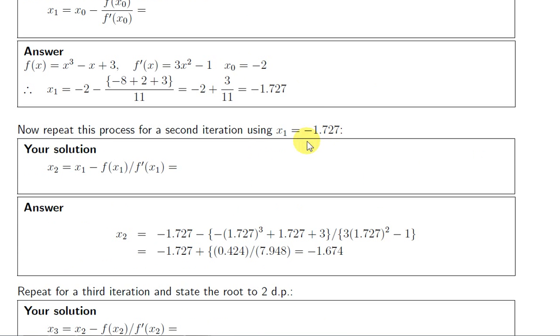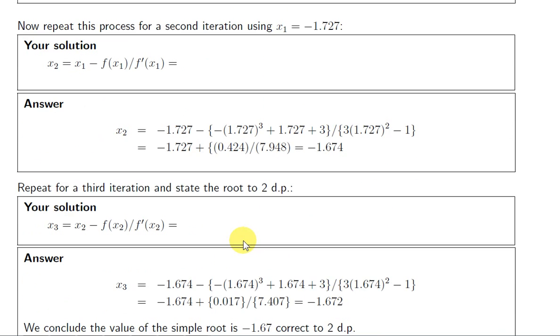Let's take a second iteration. Here's the Newton-Raphson formula when n is equal to 1 on the right hand side. And here x1 is -1.727. So now we plug that value in to get out a better approximation, x2. So we can do another iteration.